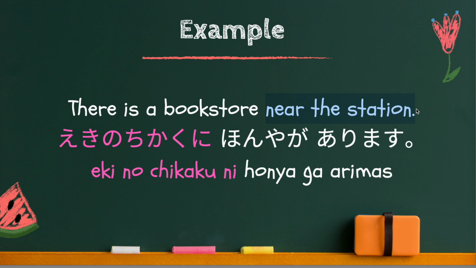Therefore, you have to say like this: 駅の近く。近く is the location word, near. And because it's a location word, it comes after the no particle. Then before the no particle there should be a noun, 駅, which is station. And because this is the place of the existence, the location where the thing exists, you need to put the ni particle after the location.